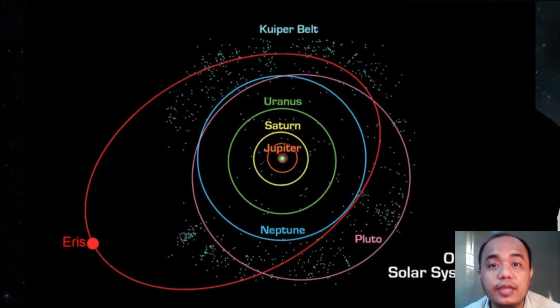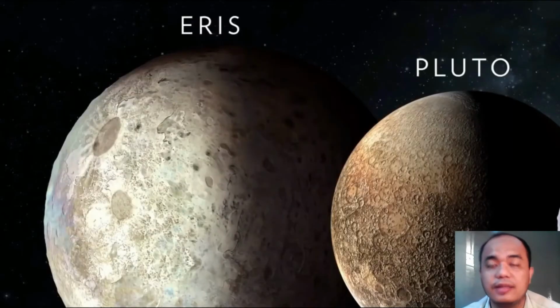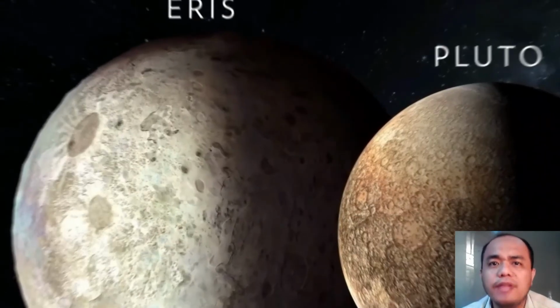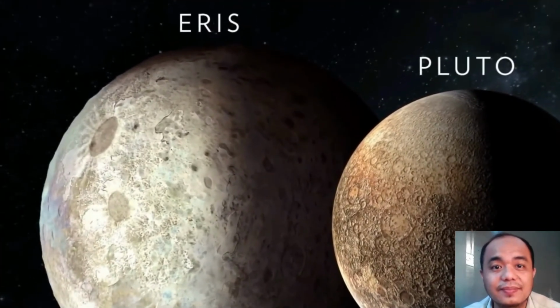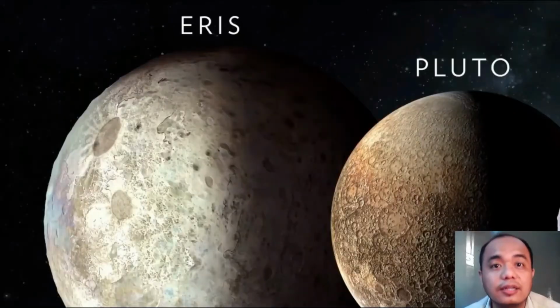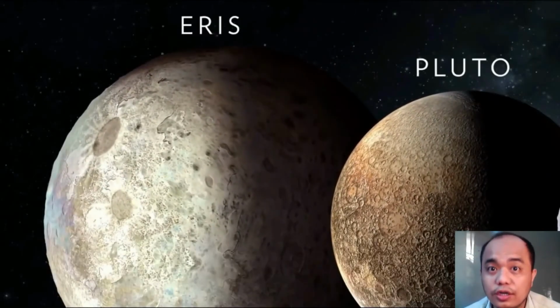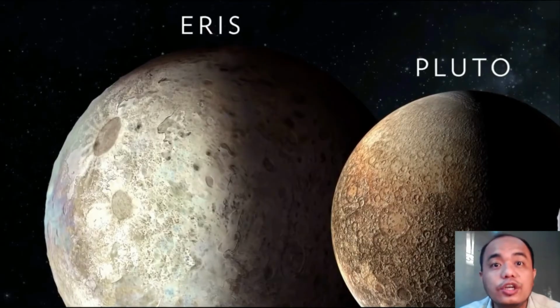They discovered Eris in the Kuiper Belt na mas malaki pa kaysa kay Pluto. They wondered, can we all consider these as major planets? That is why they conducted close scrutiny about Pluto and also the definition of a major planet.